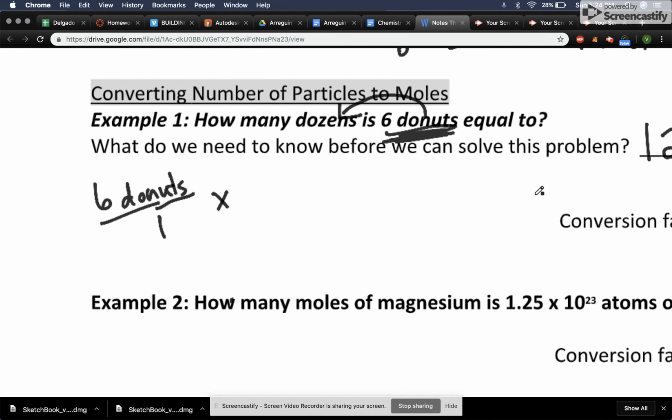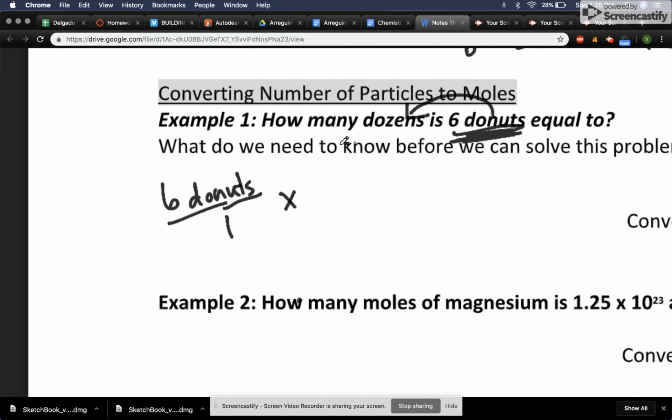So we're going to use the conversion factor, the 1 dozen over 12 donuts. By doing this, we're able to cancel out our donuts units, and then we're able to punch this into our calculator.